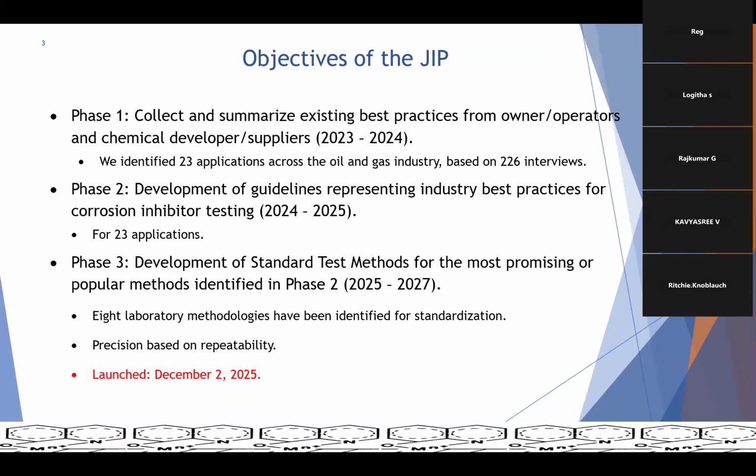When we say standardization, we are talking about establishing the precision of each one of the methodologies. Again, we'll be talking more about precision in the webinar series, but in the joint industry project, we are going to establish precision based on repeatability. Again, we will define what is repeatability later.